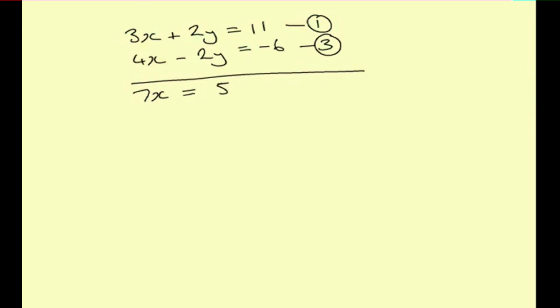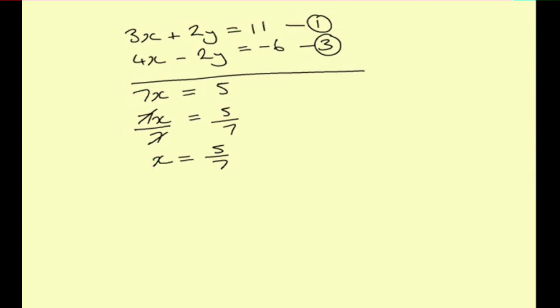So 7x equals 5. So now what we need to do is find out the value of x. So we've got a linear equation here, so we simply divide both sides by 7. So we've got our answer there for x, so it equals 5/7.